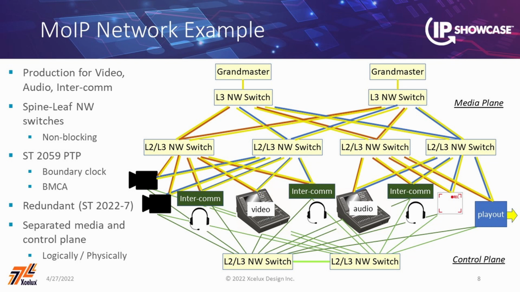PTP comes from the grandmaster and is distributed to each media node. The yellow line means it is distributed to each node. The switch topology is a spine-leaf. These two switches are spine switches, these switches are leaf switches, and the architecture is spine-leaf.